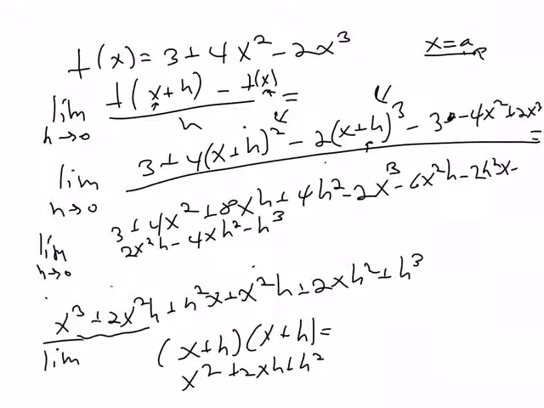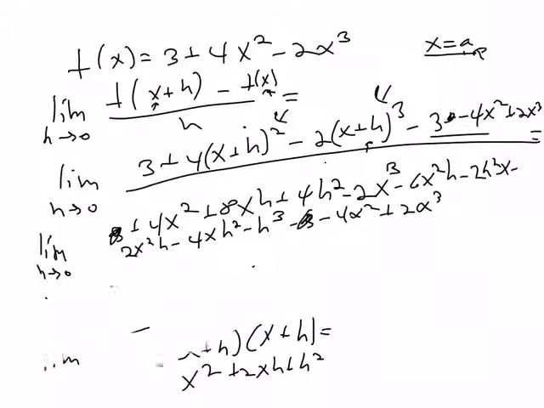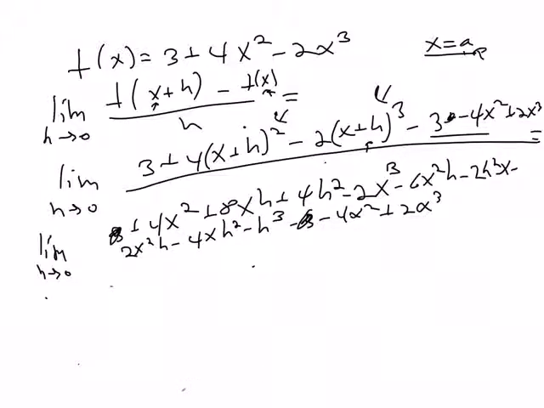And now I'm going to add in this part. So we get minus 3 minus 4x squared plus 2h. So this and this cancel. Okay, so that's that limit. We're taking all of this and we're dividing it by h.